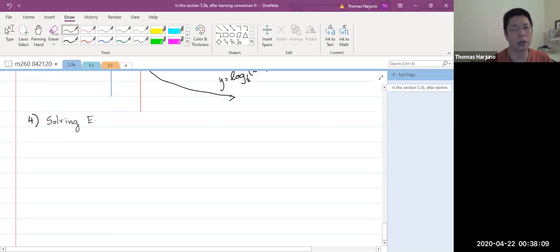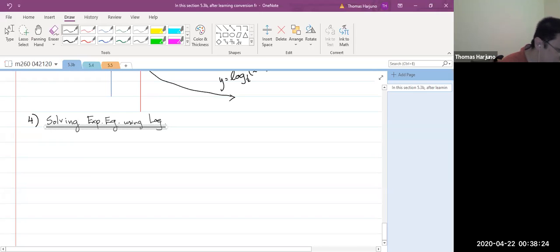Solving exponential equations using log. Let's say, for example, I take a look at number 34. Solve 10 to the 2x minus 1 equals 45.